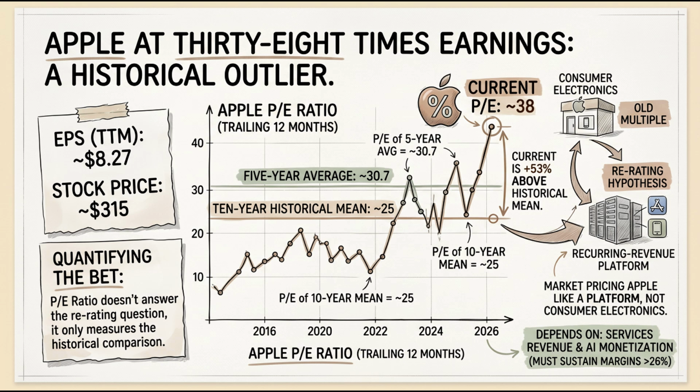With earnings per share at $8.27 against a stock price near $315, the market is pricing Apple more like a recurring revenue platform than a simple electronics company. Whether that re-rating is justified depends on whether services revenue and artificial intelligence monetization can sustain margins above 26%. The ratio doesn't answer that, but it quantifies the bet.